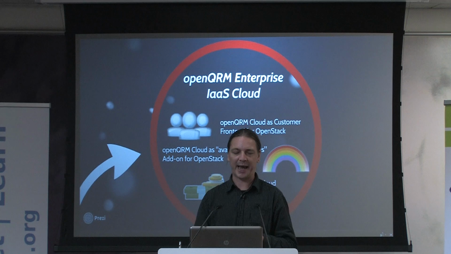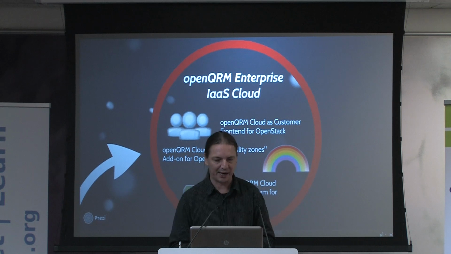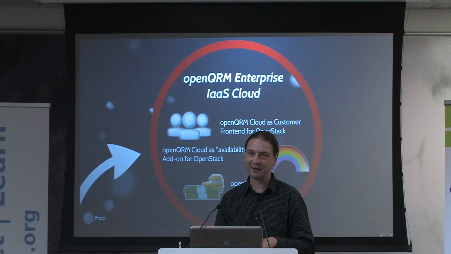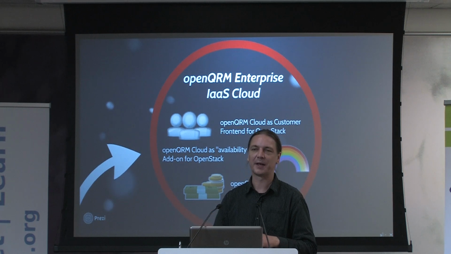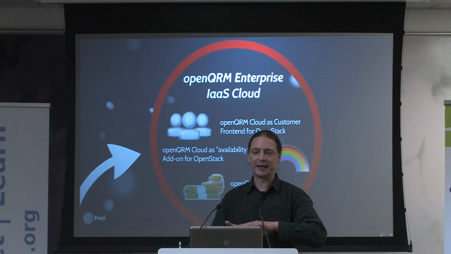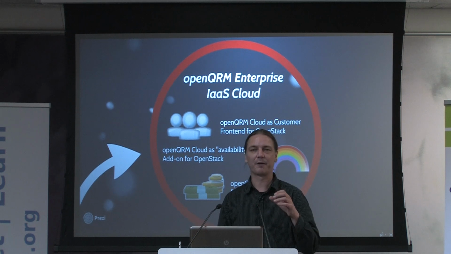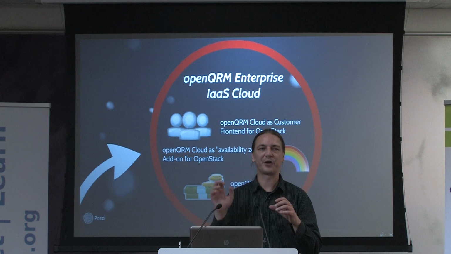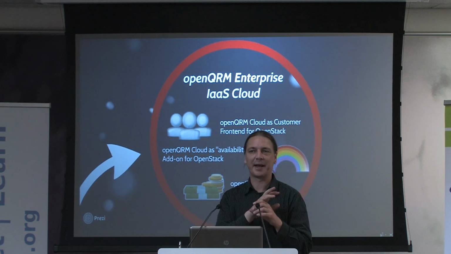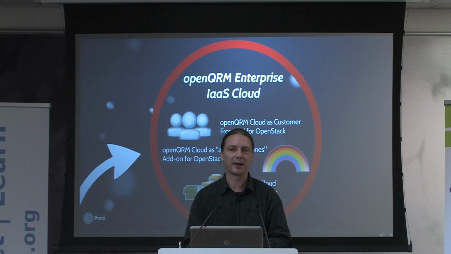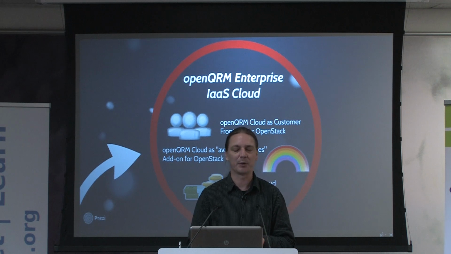This is an add-on for openQRM, called openQRM Cloud Zones. It's basically a single front end for different openQRM cloud installations, which are then interfaced via the cloud API provided by openQRM itself.